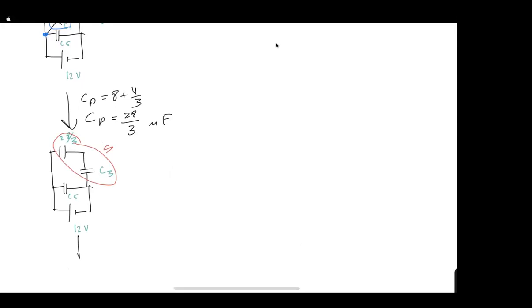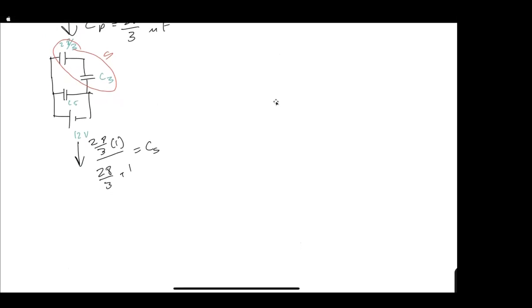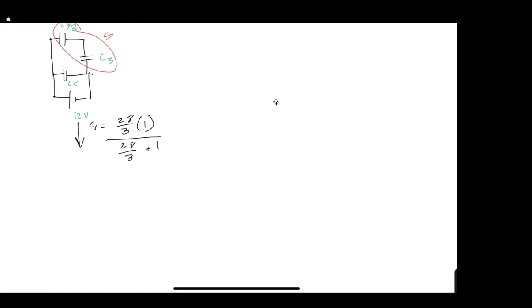Okay, so with series, we just do that inverse addition again. That 28 over 3 times 1, and then that's 28 over 3 plus 1. Okay, and from that, we get it's equal to, sorry, I'm making this very messy. Okay.